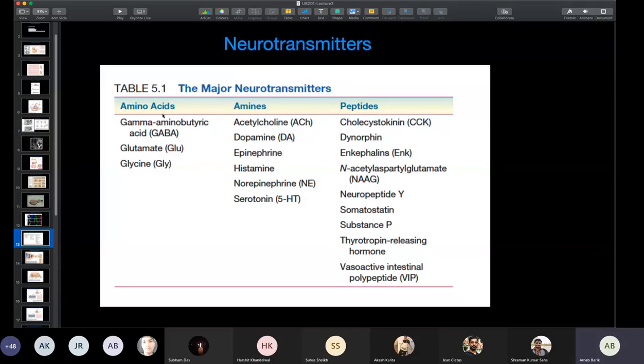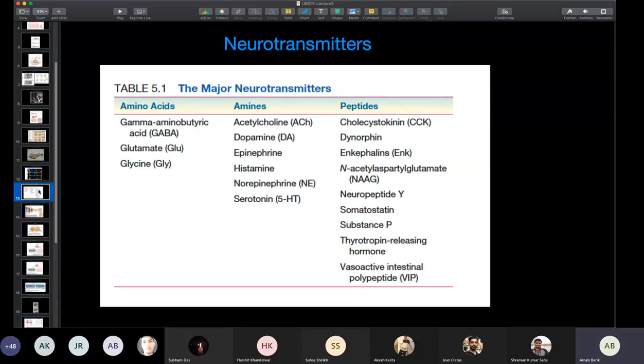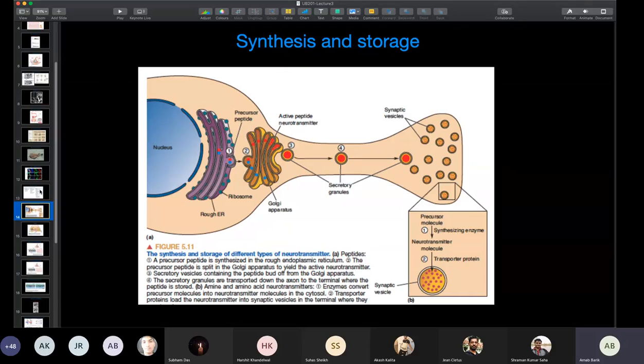There are amino acids: GABA, glutamate, and glycine. There are amines, which include acetylcholine, epinephrine, and histamine, and then you have peptides. Depending on their properties, these molecules are synthesized in the cell body.